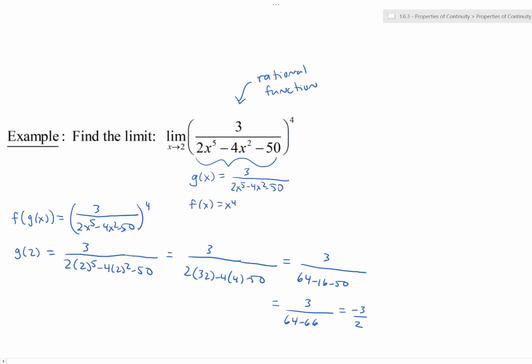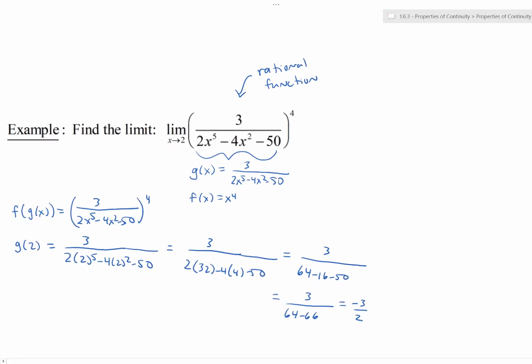Now the outer function, x to the 4th: if I plug that in, what is f of negative 3/2? That's just negative 3/2 to the 4th, which is 81 over 16.